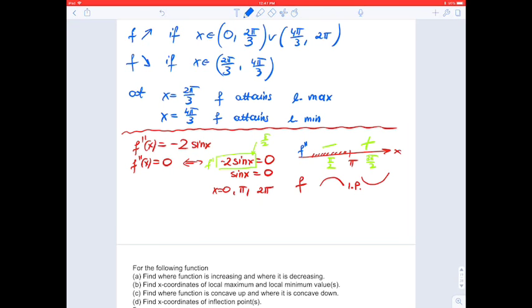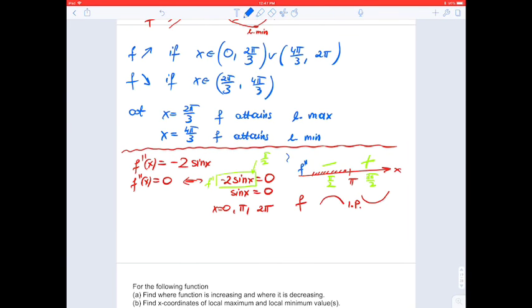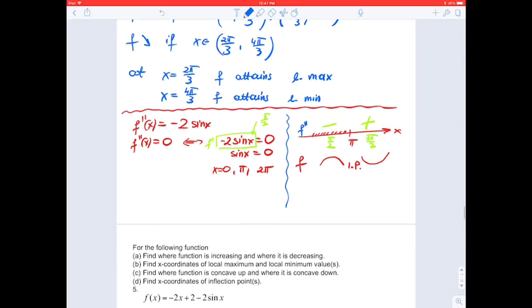We know we have everything on that graph. Function is concave up if x belongs from pi to 2 pi, because we have to cut the domain.